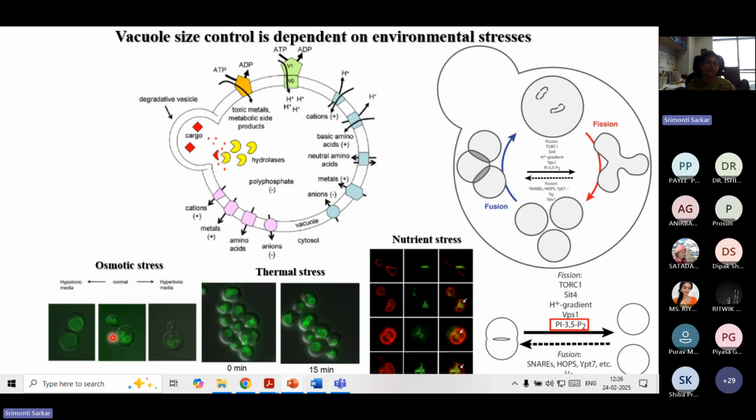So you can see 1, 2, 3 different compartments of the yeast vacuole, which in this case has been stained with a dye. If you put yeast cells under hypotonic conditions, where lots of water is coming in because of the osmotic imbalance, the yeast vacuole swells up.